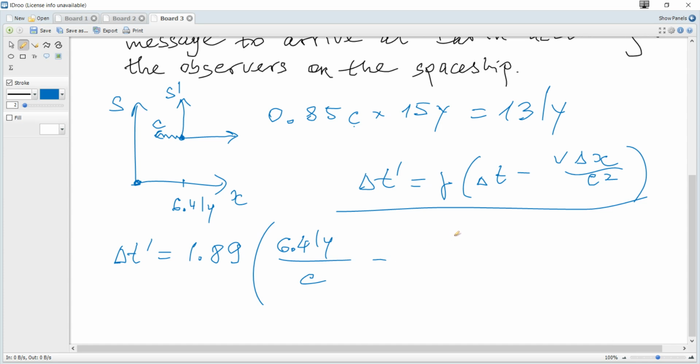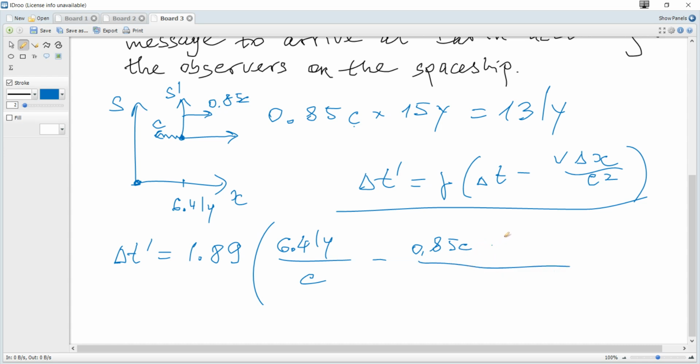Minus, what is v? v is the velocity of the moving reference frame, and this rocket is moving to the right with speed 0.85 c, so it becomes plus 0.85 c.